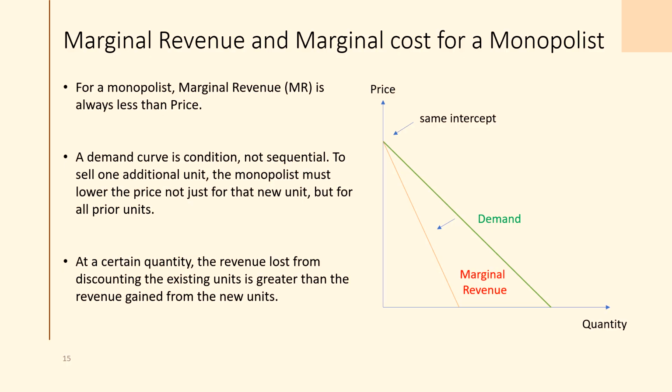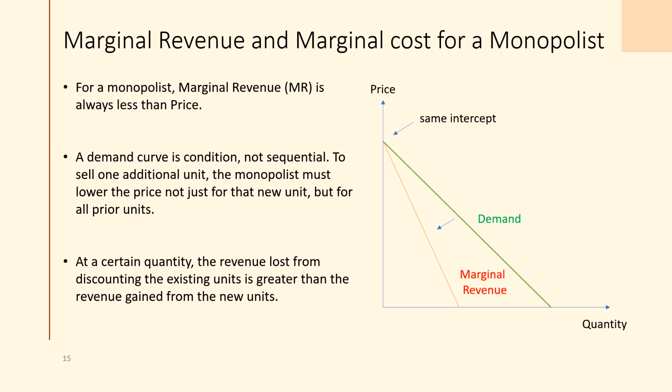For monopolists, marginal revenue is always less than price. Why? Because to sell one more unit, the monopolist must lower the price. But the lower price applies not only to the new unit, but also to all previous units sold.